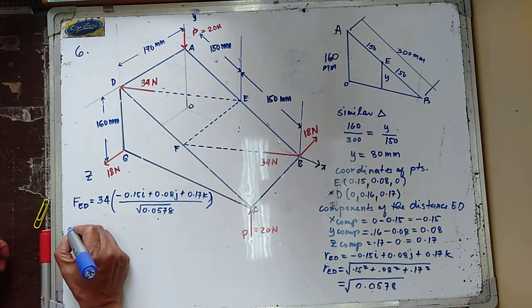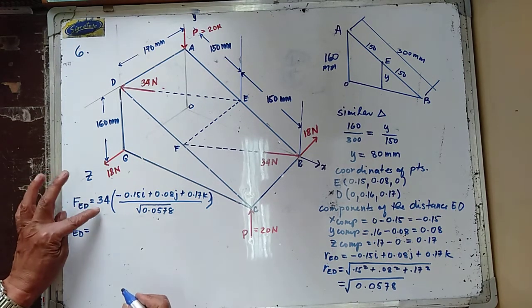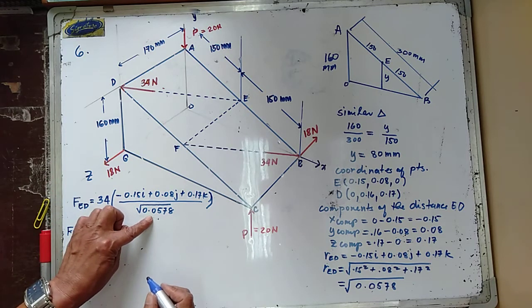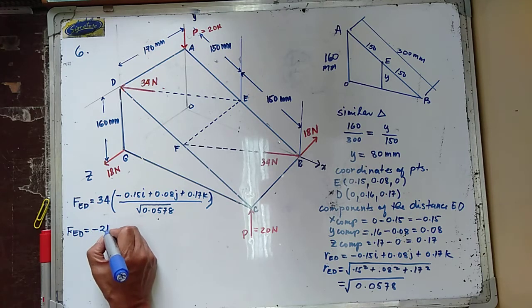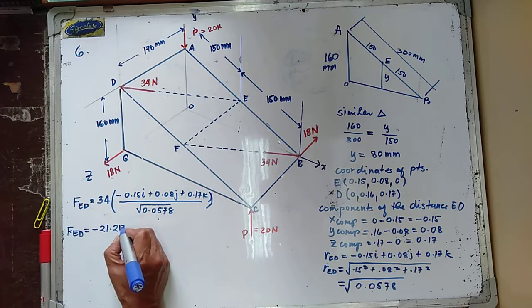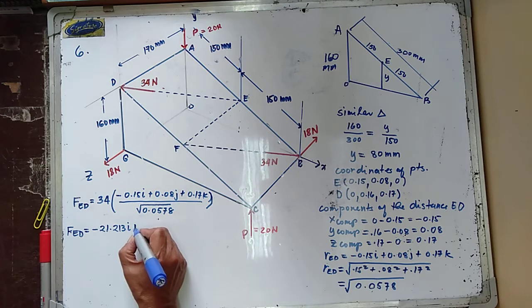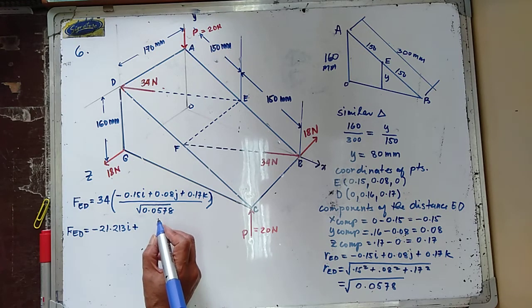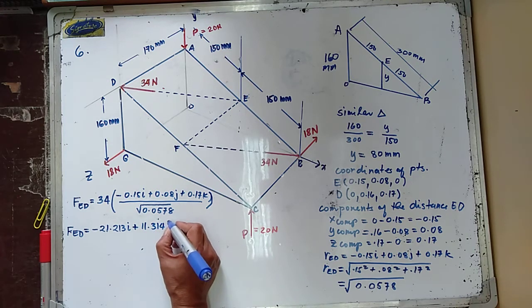0.0578. Hence, your FED is now equal to 34 by 0.15 over the square root of this one. You are going to get negative 21.213i. 34 by 0.08 over the square root of 0.0578, that is equal to 11.314j.